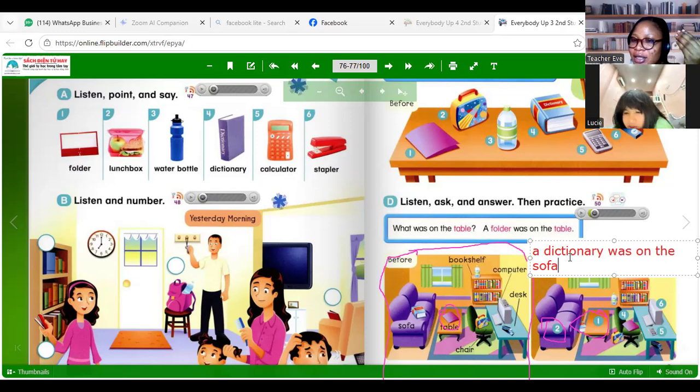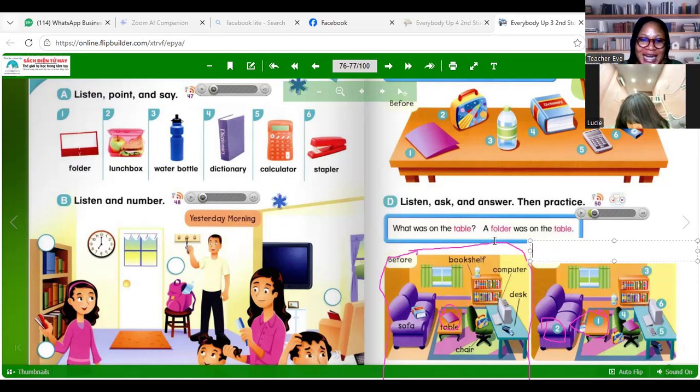Okay. A dictionary was on the sofa. That's my girl. Nice one. Okay. All right.